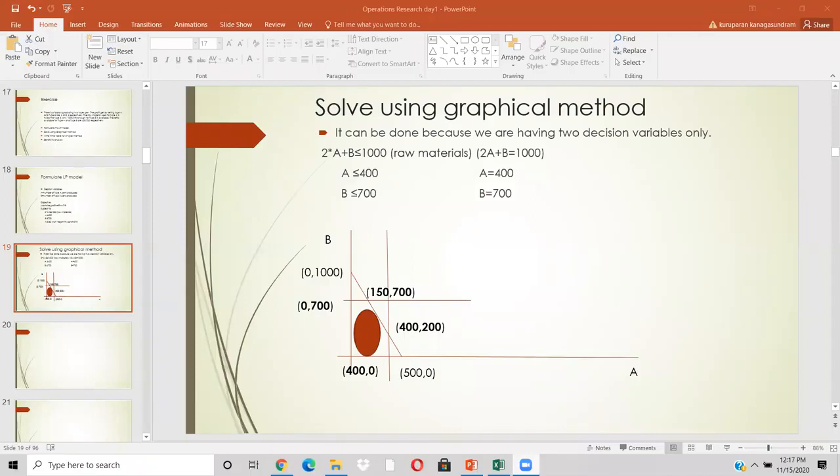Guys, do I need to draw the objective line or not? Okay, we'll see whether we can draw the objective line or not.